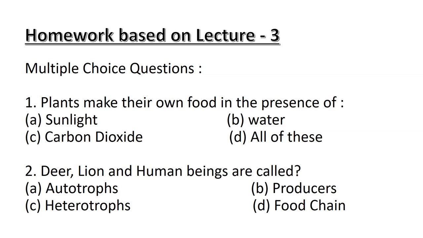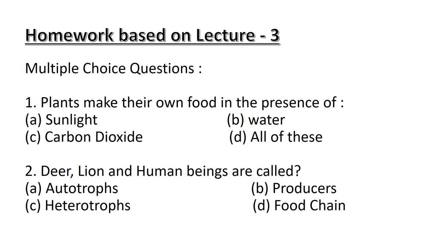Option A, sunlight. Option B, water. Option C, carbon dioxide. Option D, all of these. Question number 2. Deer, lion and human beings are called.